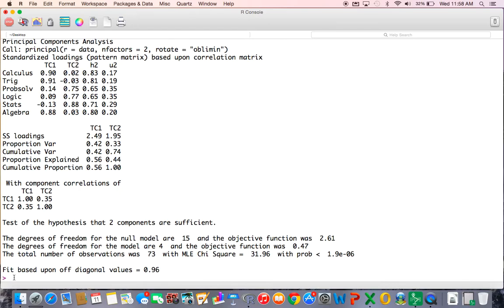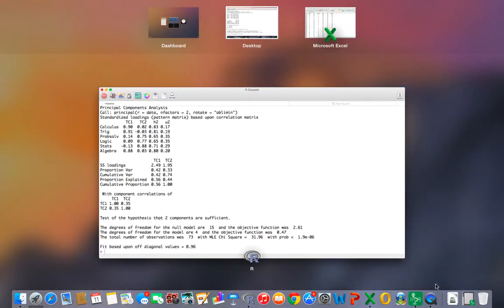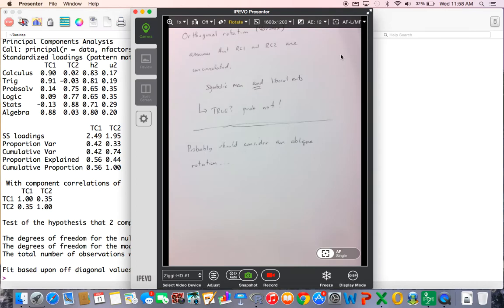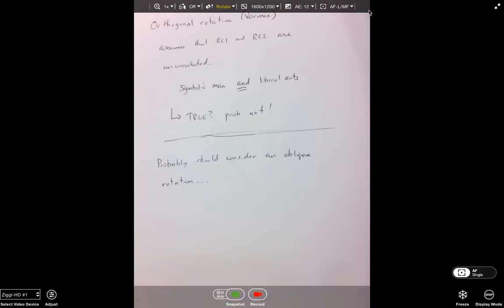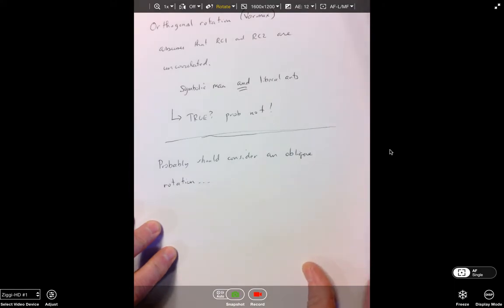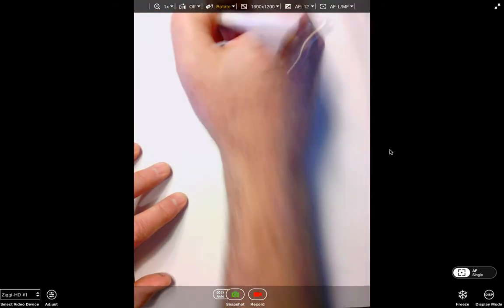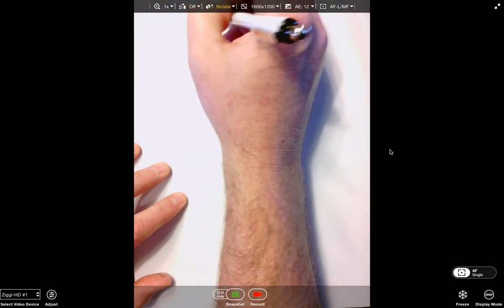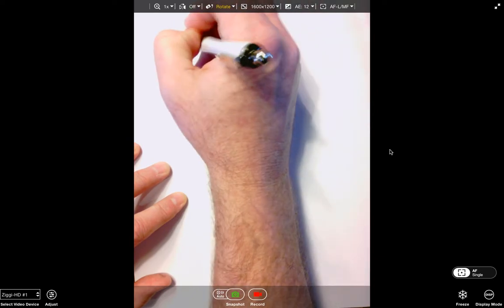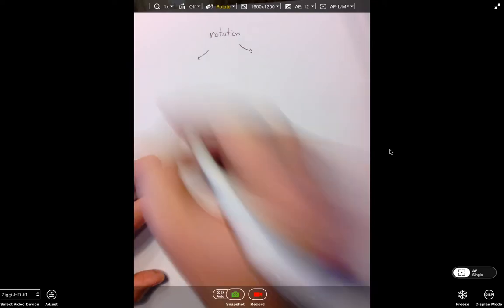Now, the tough part about oblique rotation is the following. Regardless of the rotation, we get into two types of matrix.